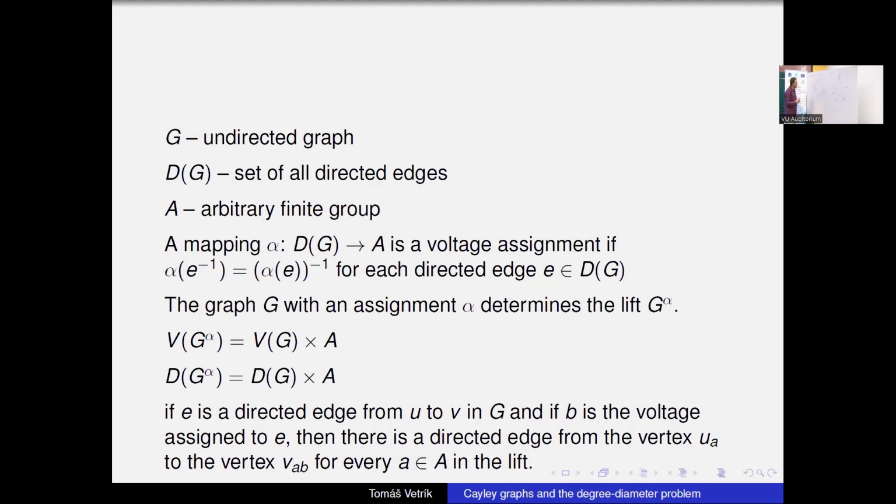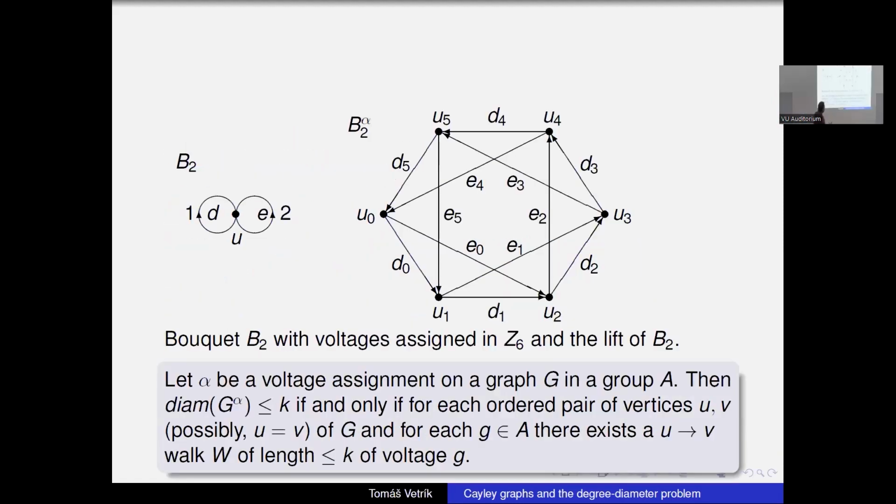Good. And now, okay, I don't remember how the voltages were assigned, but the property which is important is, okay, here we have one more graph, which is a lift of a certain graph, but this is the important part which I want to mention. But before I mention it, let me still tell you about this example.